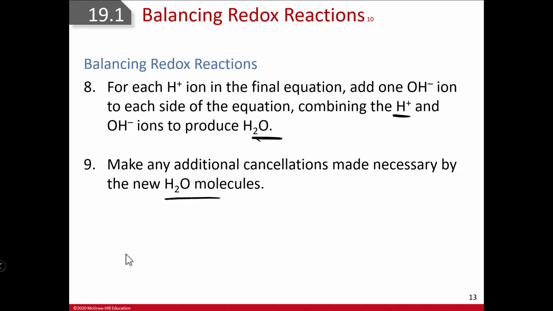So it's 9 steps if you have to do it in a basic solution. It's only 7 steps if you have to do it in an acidic solution. And so based on these slides, you should be able to balance any oxidation reduction reaction that's in an acidic solution or basic solution.